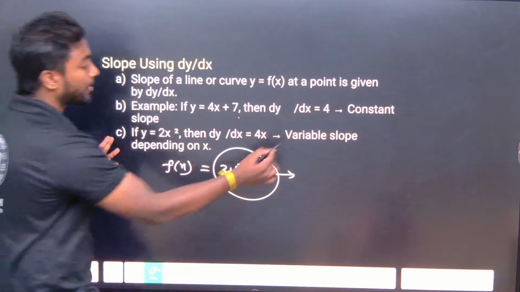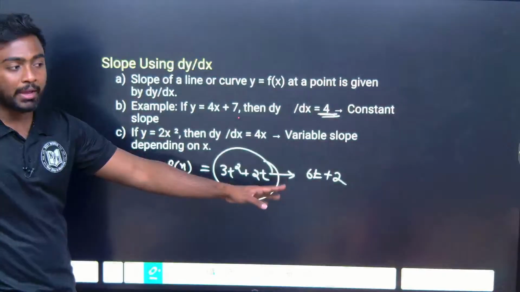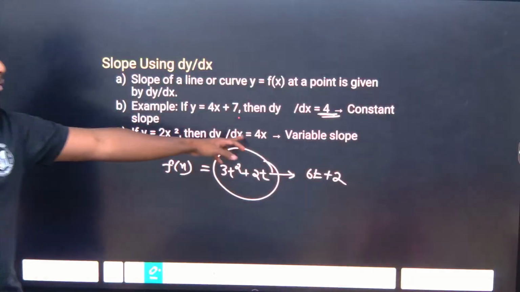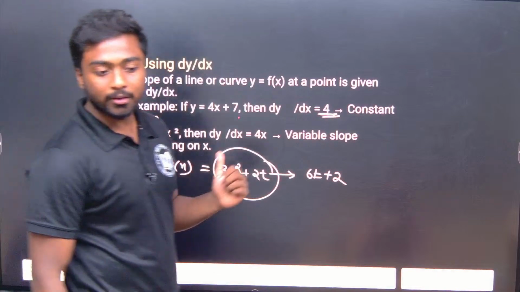Here I am getting a constant slope. Same here, if I do the differentiation, I get 6t plus 2, which is not constant, it is a variable slope. Next, if y equals 2x square, then dy by dx equals 4x, a variable slope depending on x. Any doubts in this?